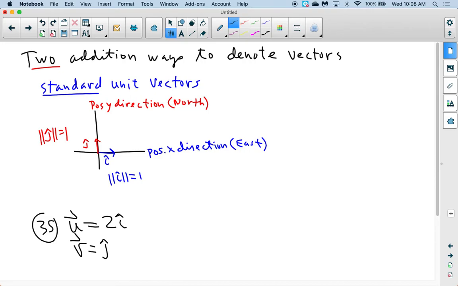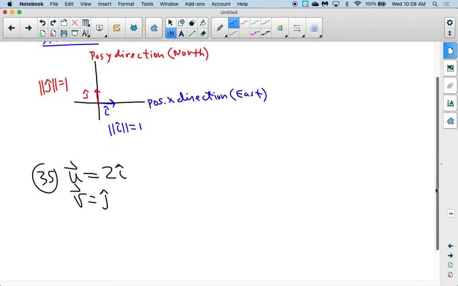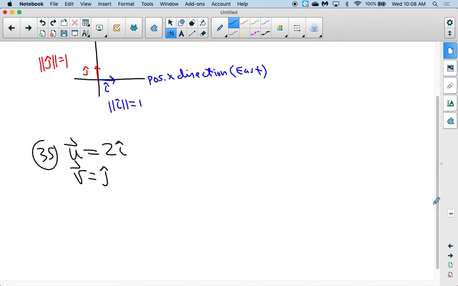If we're going to add, subtract, or do a scalar operation on these, what's important is to understand that the standard unit vector notation is just a way to distinguish between up-down direction and left-right direction.